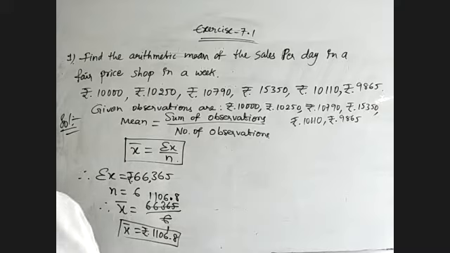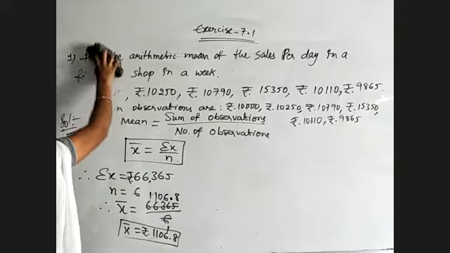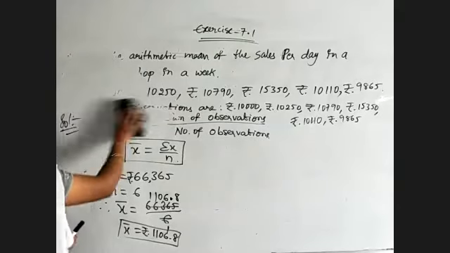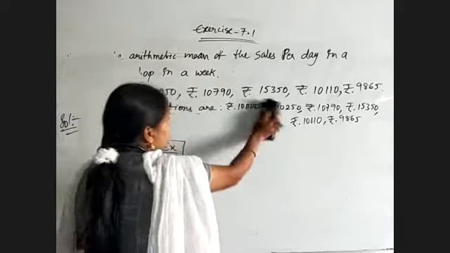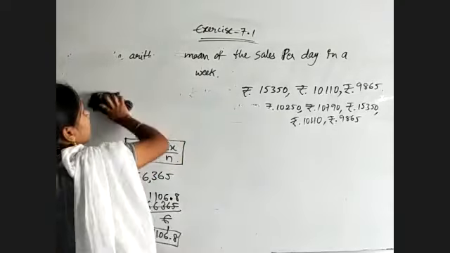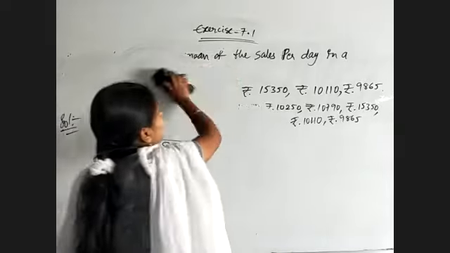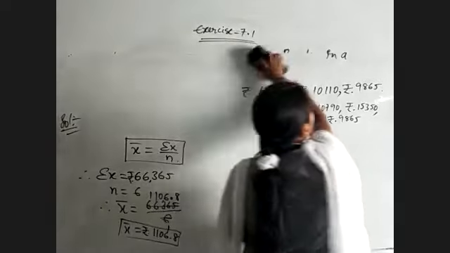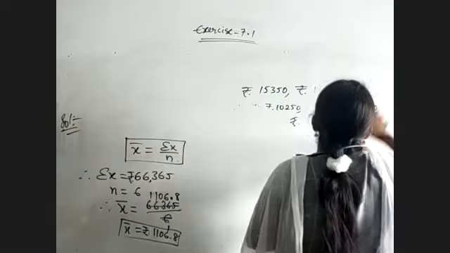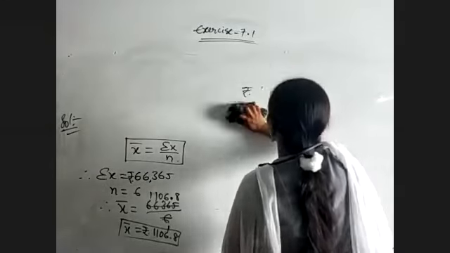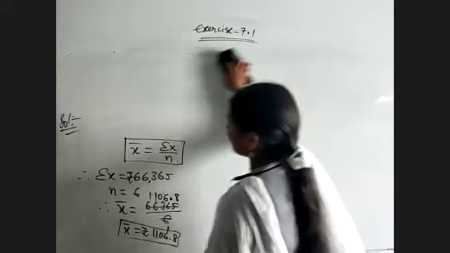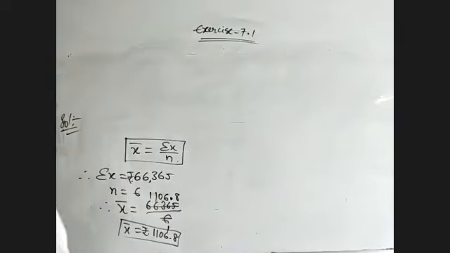Now the next question is also mean only. So for that also we need to use mean is equal to sum of observations by number of observations. Observe the second problem.